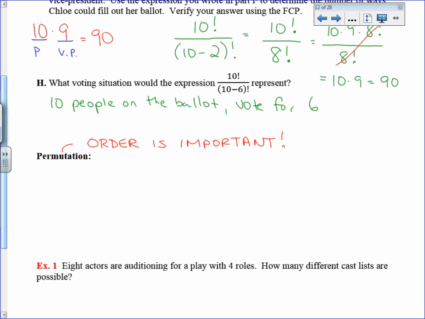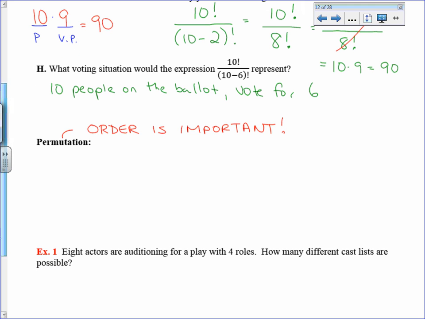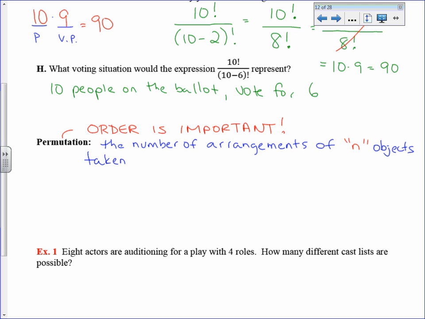And a permutation is just an arrangement. So in math, a permutation is referred to as the number of arrangements of n objects taken R at a time.